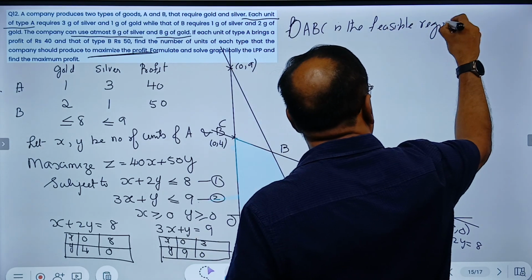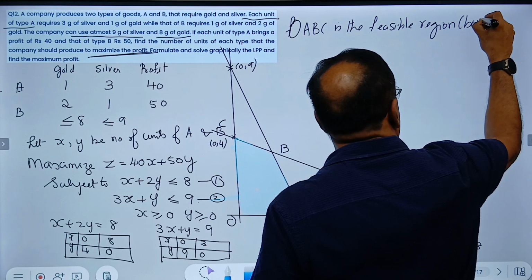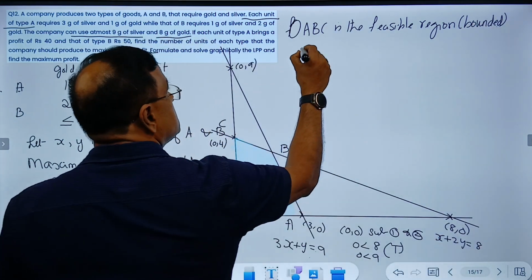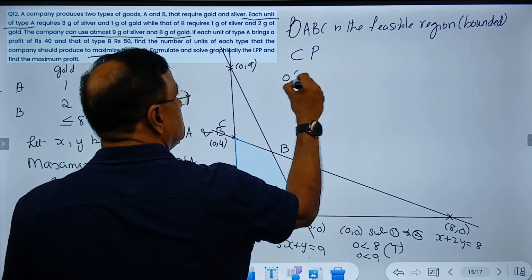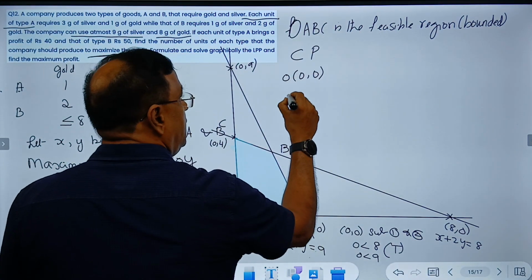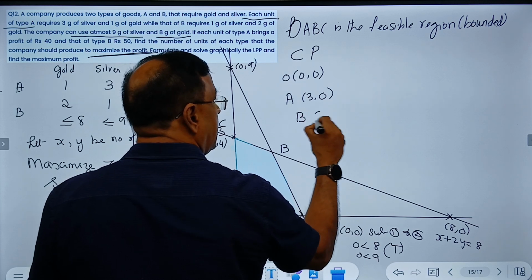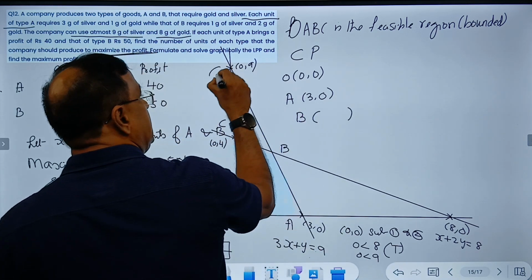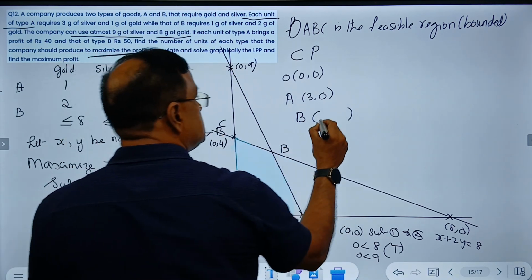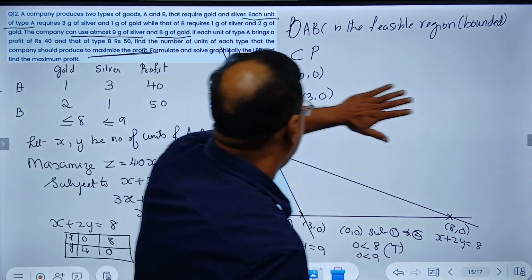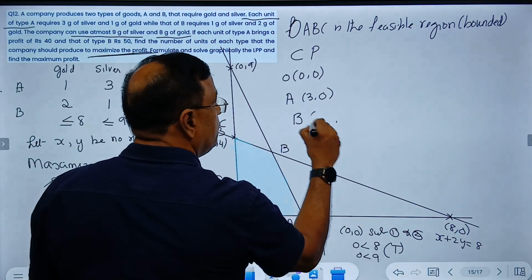And what type of feasible region? The feasible region is bounded. So what are the corner points? The corner points are the origin, A is 3, 0, C is 0, 4. I'm sorry, B I have to find.